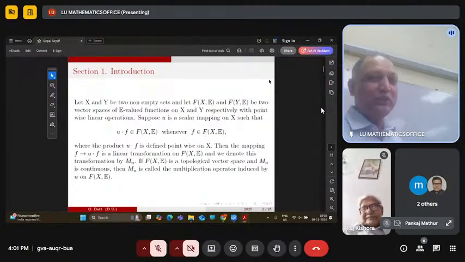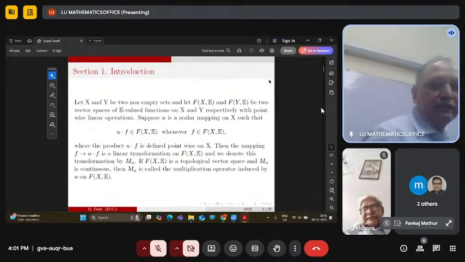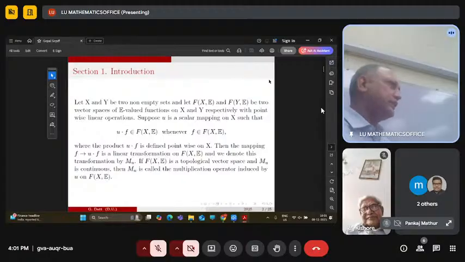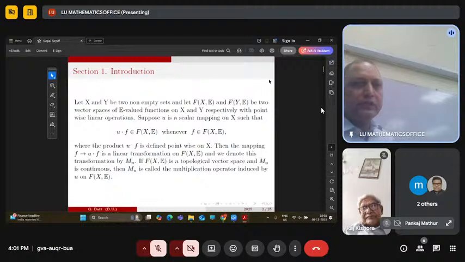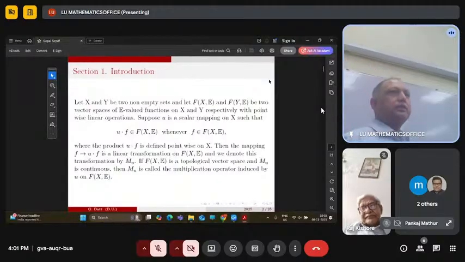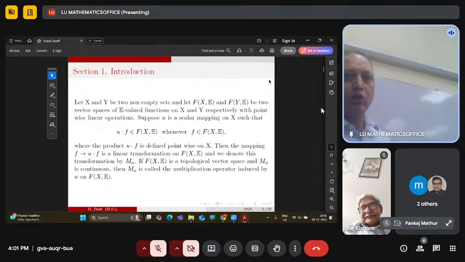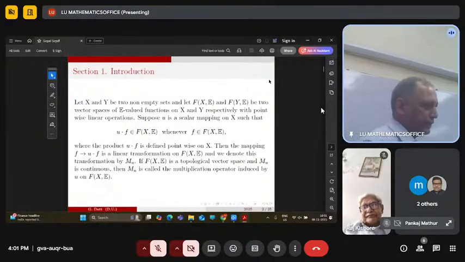Okay, so if I start with two nonempty sets X and Y, and my F(X,E) is the class of functions from X to E-valued, and this E is supposed to be the field, particularly we talk of real or complex valued. Then we start with a function u which is a scalar mapping, an E-valued mapping, from X to C. Because E has a field structure, I can talk of u dot f, a pointwise multiplication.